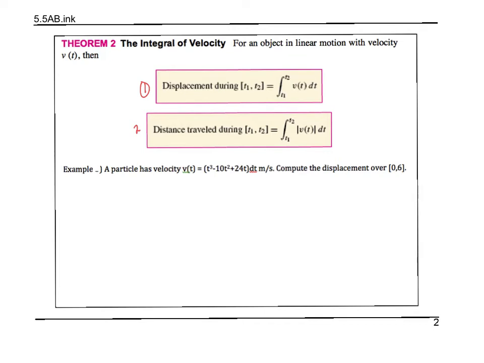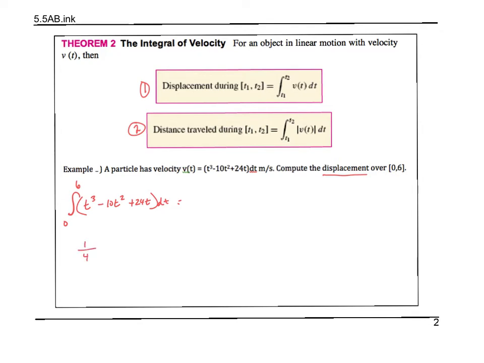Integral from 0 to 6. We put our equation in there. Now it's specifically saying displacement, so we can do number 1. So the integral of t cubed minus 10t squared plus 24t dt. And you can do this one by hand. It's not too difficult.